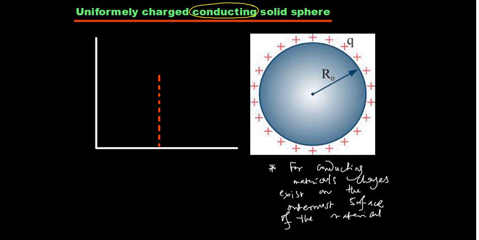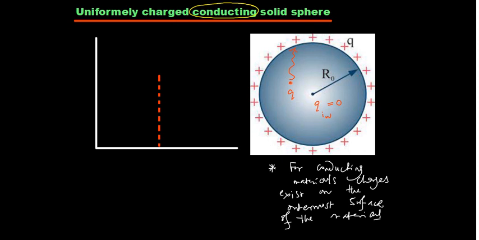Even if you keep one charge at any inside point, it will automatically fly to the surface and exist on the outer surface. There will be no charge residing inside. So Q inside is equal to 0. All the charges are on the outer surface.